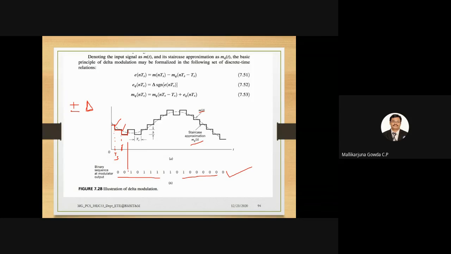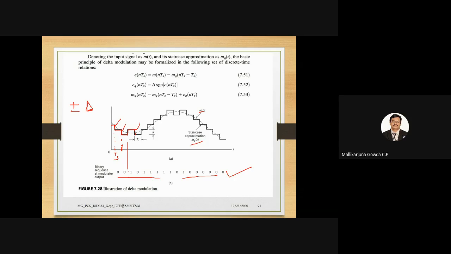At this point I incremented by delta, so it will stay at that value till the next sampling interval. Then 2Ts, 3Ts, then 4Ts. At 4Ts, the approximated signal is greater than the analog input signal, so now it will be decremented by delta.